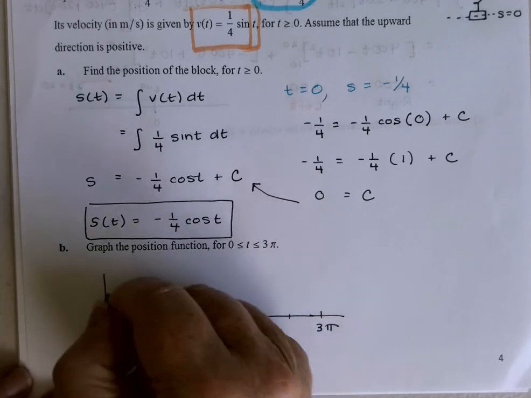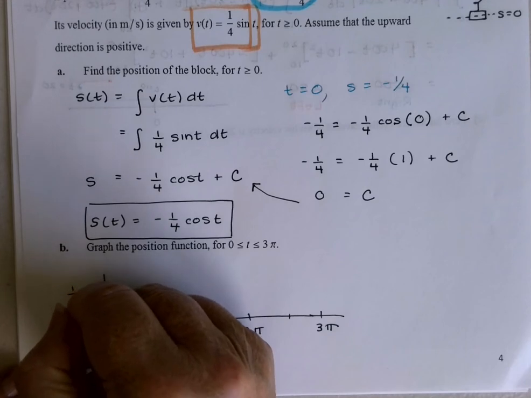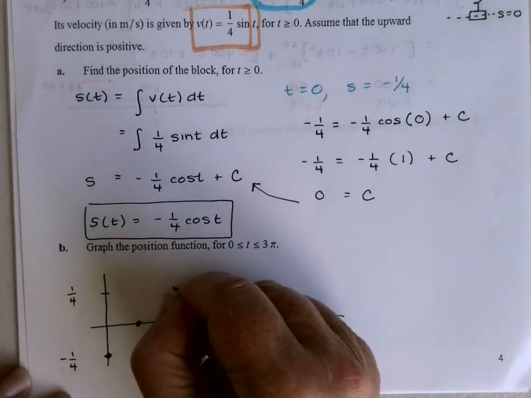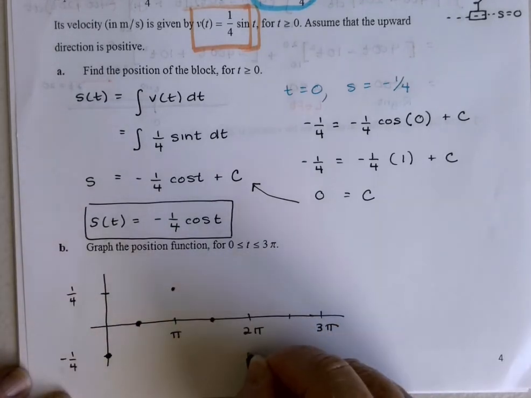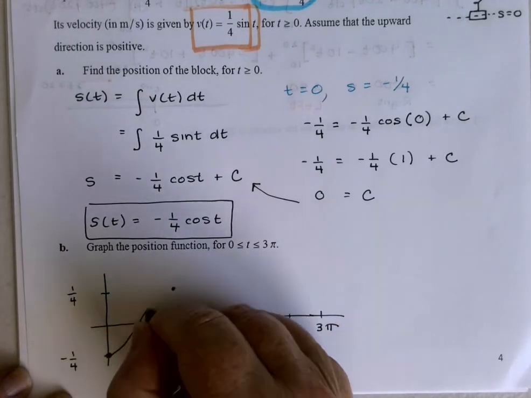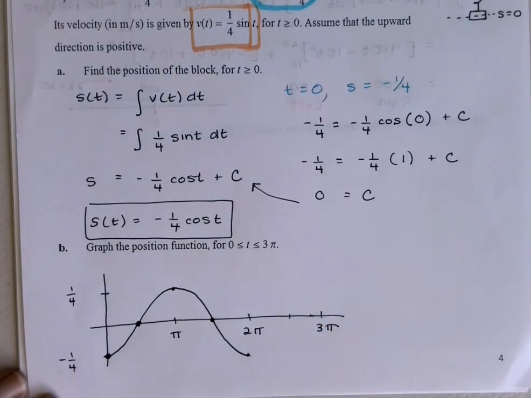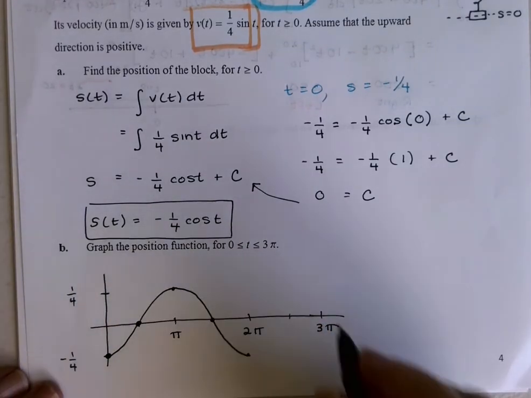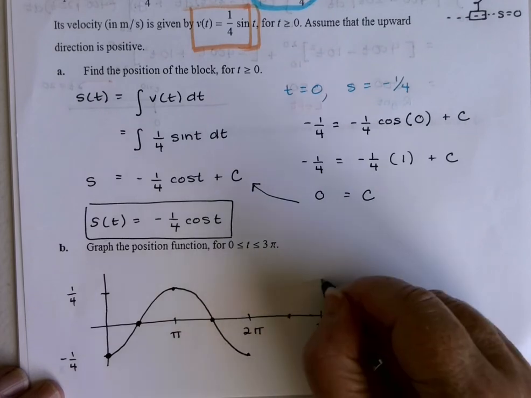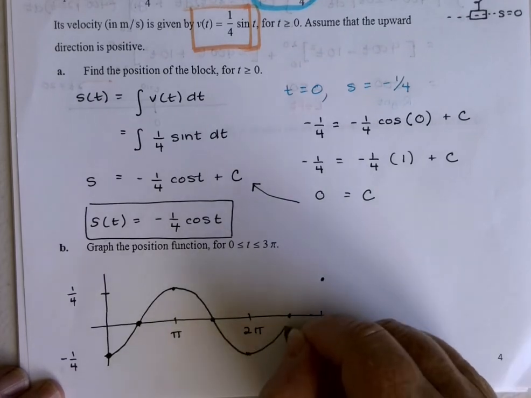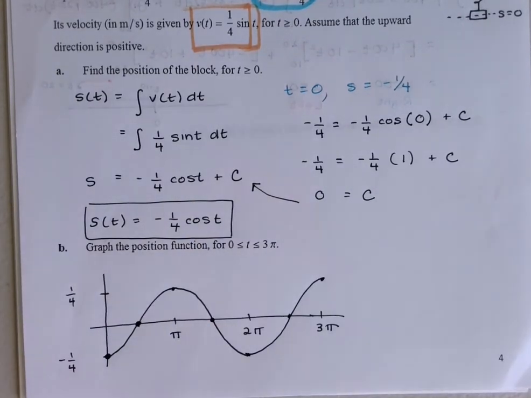And then we're just going to go through here and show the first period of that cosine function would look like that. 1 full period, 0 to 2 pi. And then we got another half period here. And there we go. Position function from 0 to 3 pi.